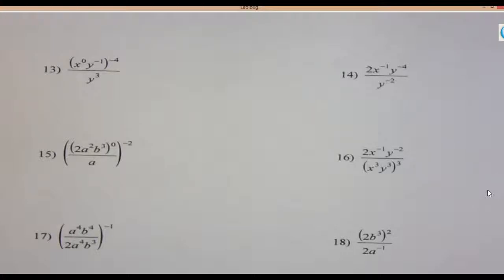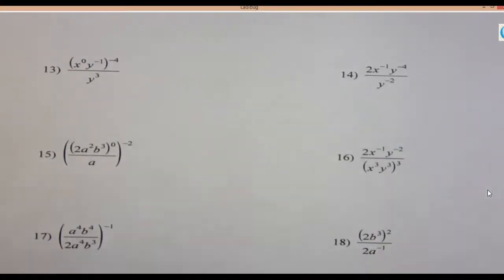Now, this one here looks super complicated. We'll work these 2 problems right here. These look pretty complicated, but they're not that bad, to be honest with you.